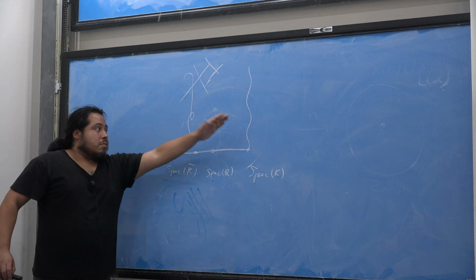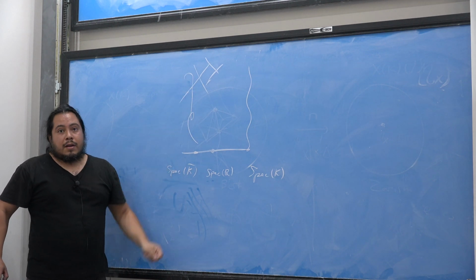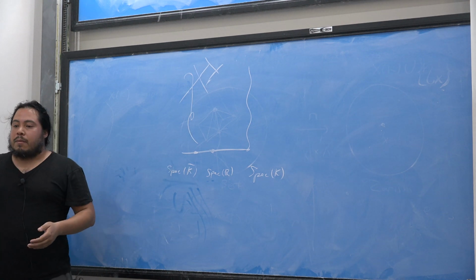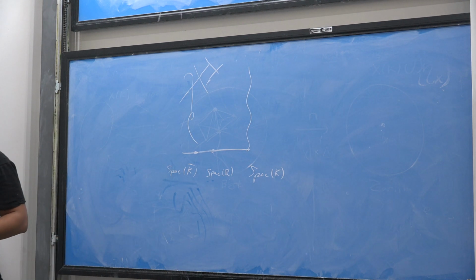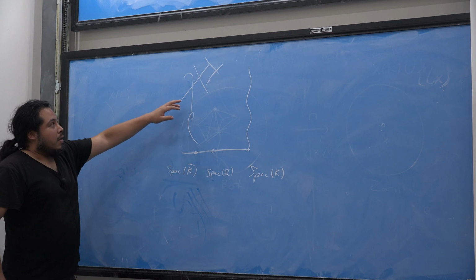You may do it by controlling these kinds of fibers. So in order to get these fibers, frequently you have to desingularize. You have to do blow-ups, and this is why this works fine in characteristic 0, but in positive characteristic we're not so sure. And the dual complex is the thing that you're thinking about.